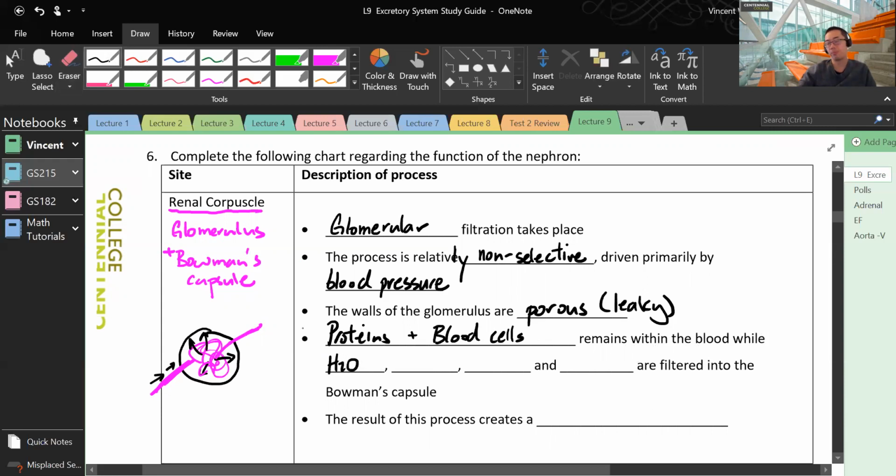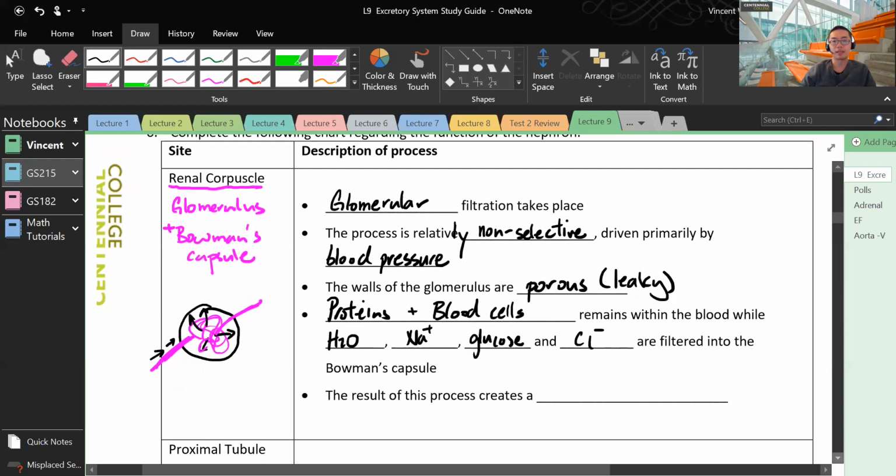Like a percentage of the water, things like sodium, glucose, right? All these things are filtered into the Bowman's capsule. Okay, once it goes in the Bowman's capsule, we call it filtrate, right? Filtrate is what will become the urine, as I mentioned multiple times already.